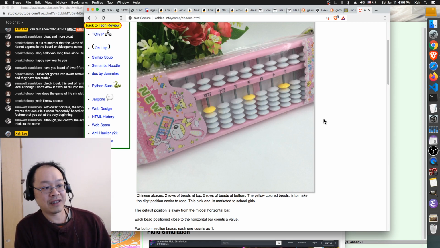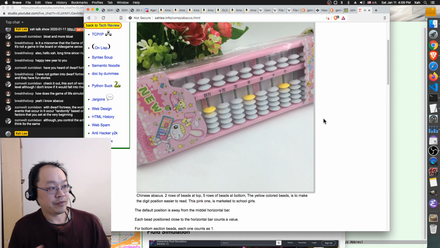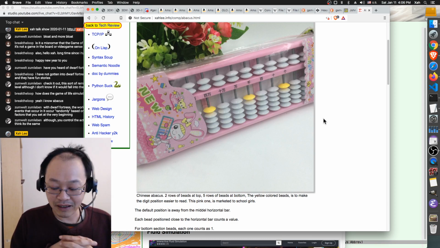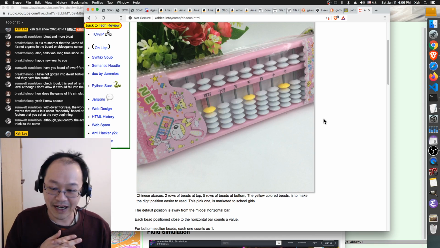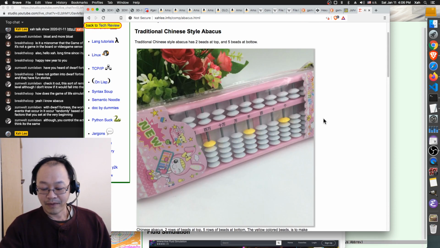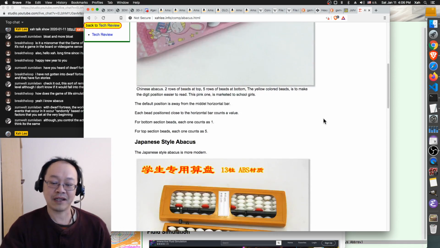Now, but what's the exact definition of Turing machine without relying on some existing Turing machine? That question, I cannot answer that. But I can give you the idea of what it means to create a model that is a universal Turing machine.